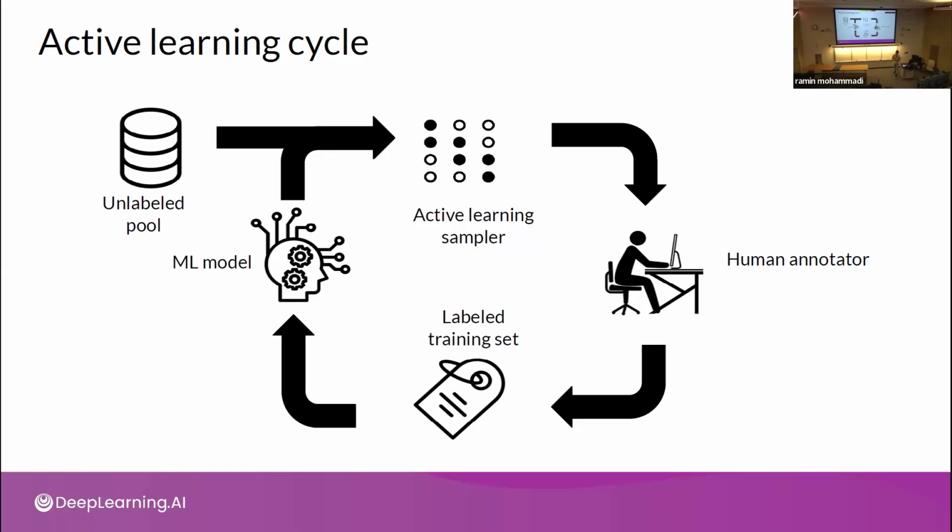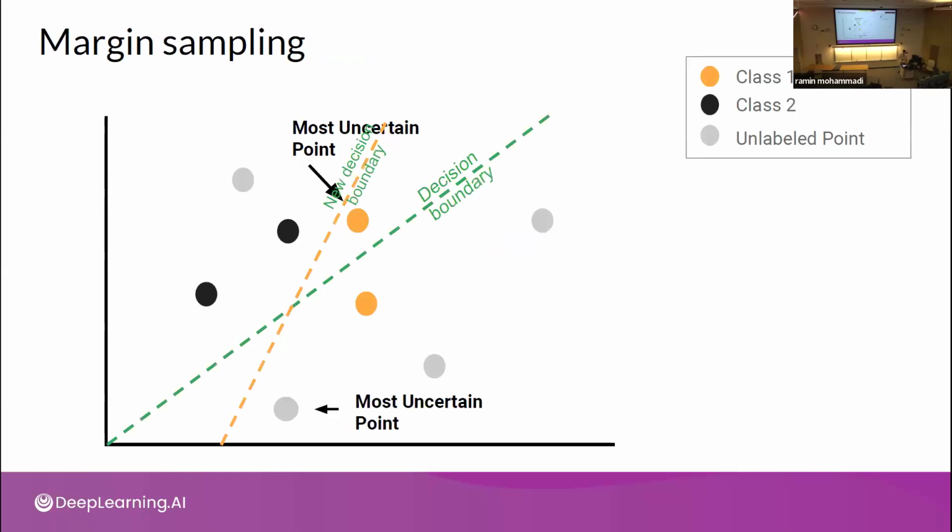Now, the definition of important depends on what technique you are going to use. If you use a technique like margin sampling, basically we say: label points that your current model is least confident about, points where the agreement between class 0 and 1 is really small. What does that mean? If you look at the green line, that's your decision boundary.